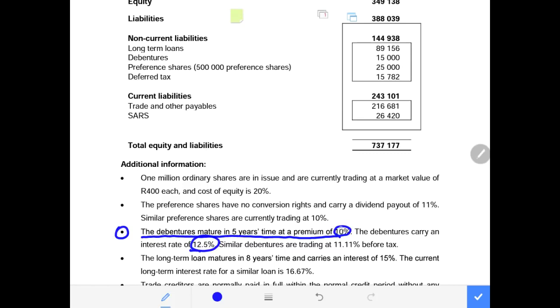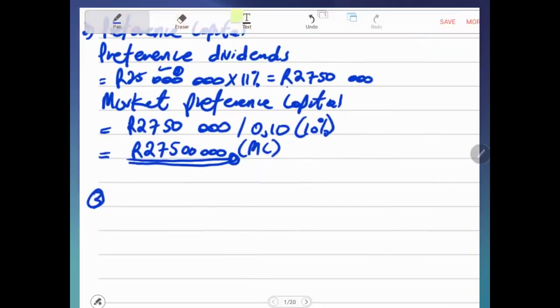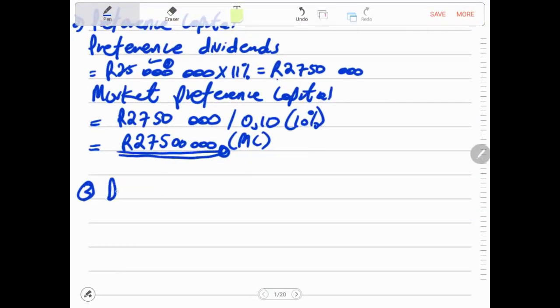So now if there is a premium of 10%, meaning under our debentures, which is the third financial instrument, we need to know, first of all, our N. Our N is 5 because the debentures mature in 5 years.